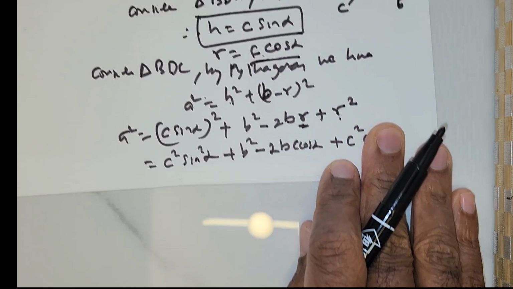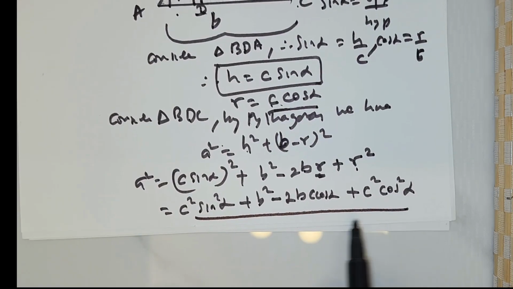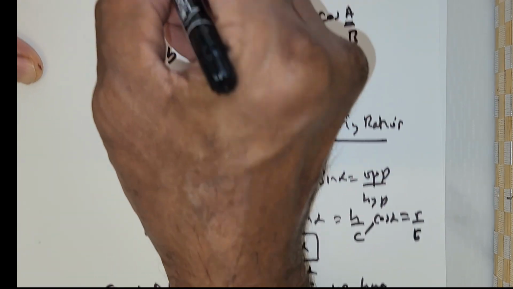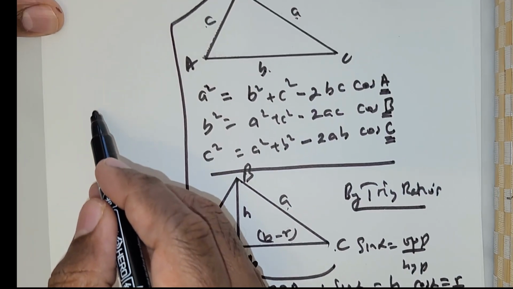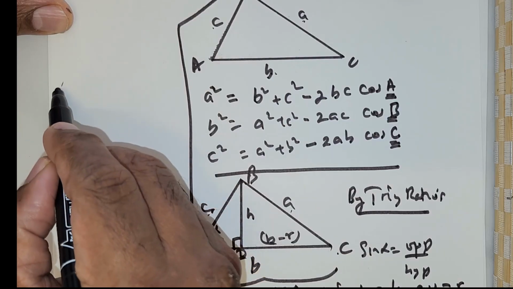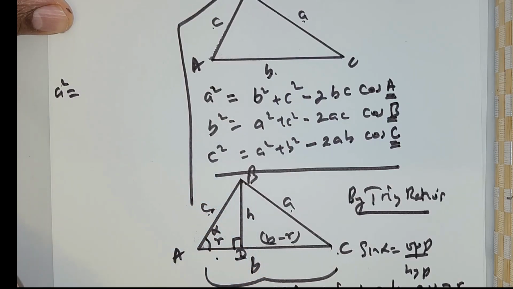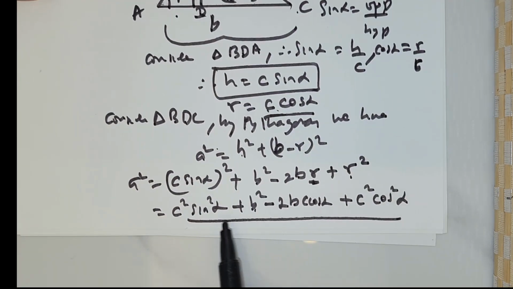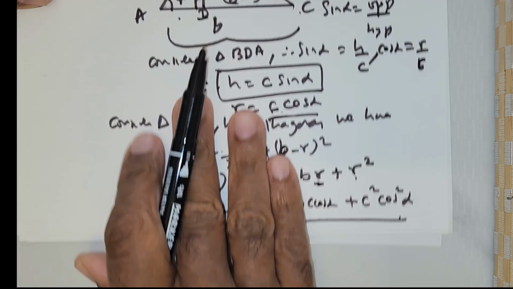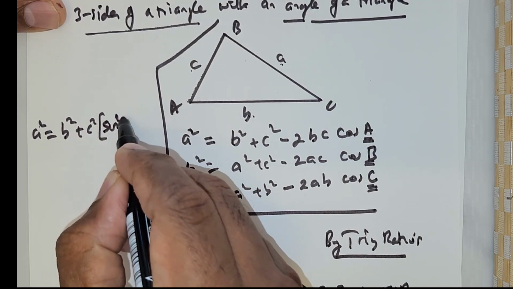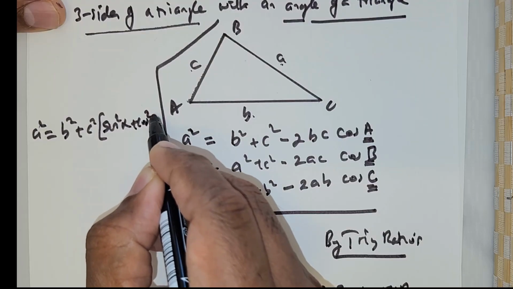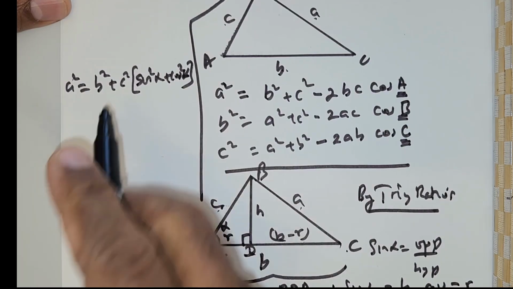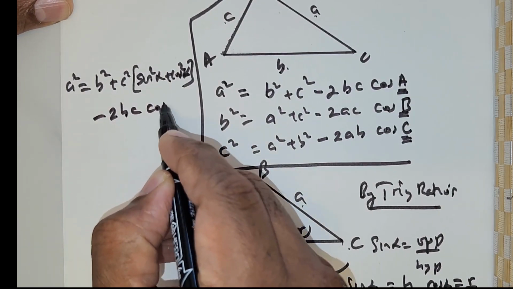Now I want to rewrite this as b squared, and c squared I can take out common. So a squared is equal to b squared plus c squared times sine squared alpha plus cos squared alpha, negative 2 times b c cos alpha.